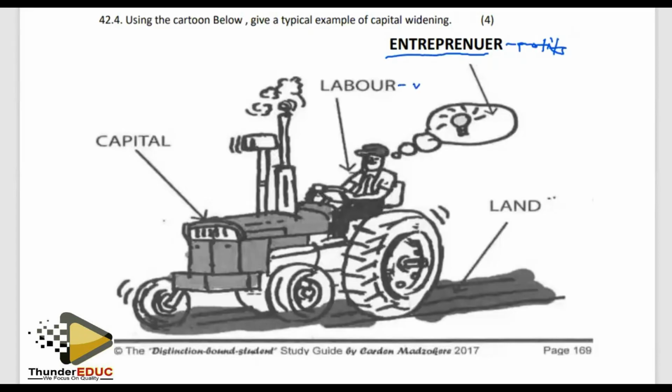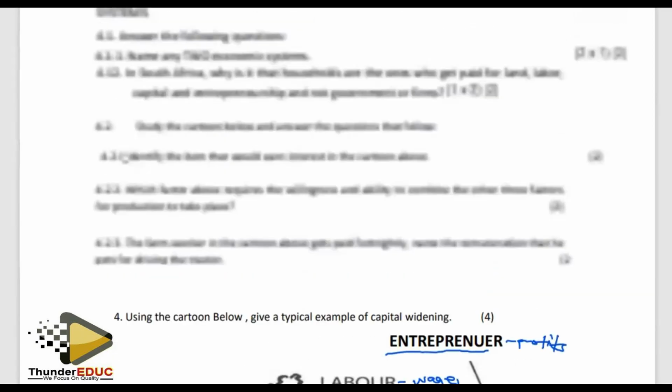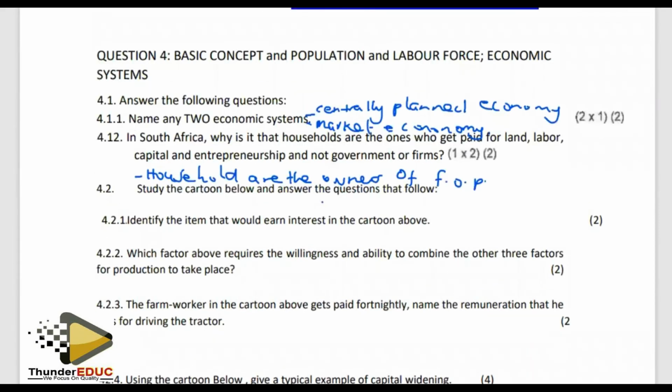Labor receives wages and salaries. Land receives rent, and capital receives interest. What are we left with? Land, labor, capital, and entrepreneurship. Let's look at the question: identify the item that receives interest, that is capital.